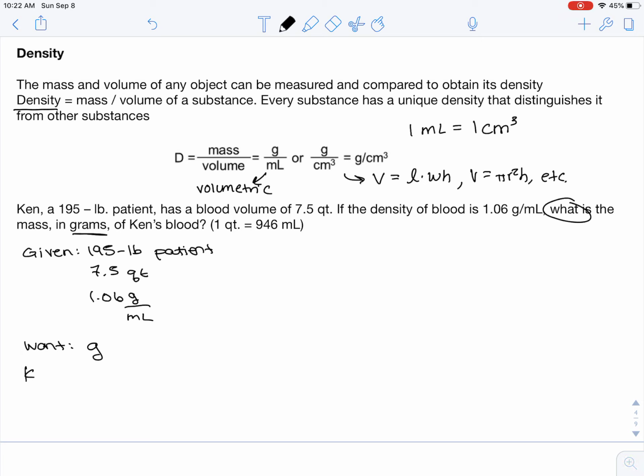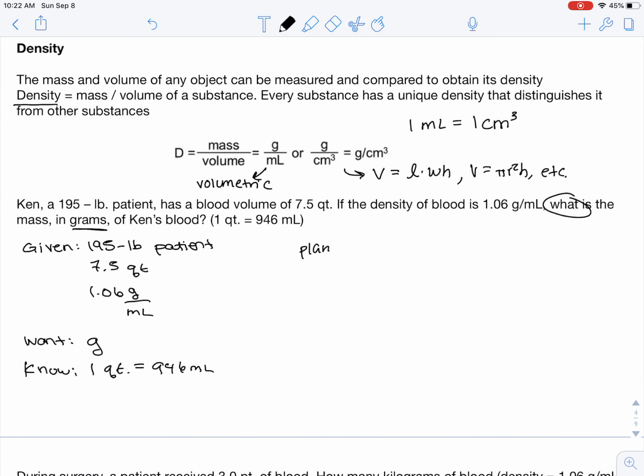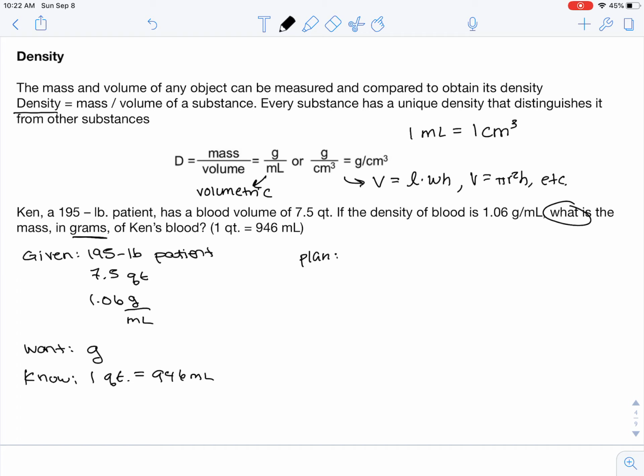I'm also given this conversion factor: 1 quart is equal to 946 milliliters. Well, I want to end up with grams, so my plan: I know that I have to use the 7.5 quarts, and my density has grams per milliliter in it, so this can give me grams.